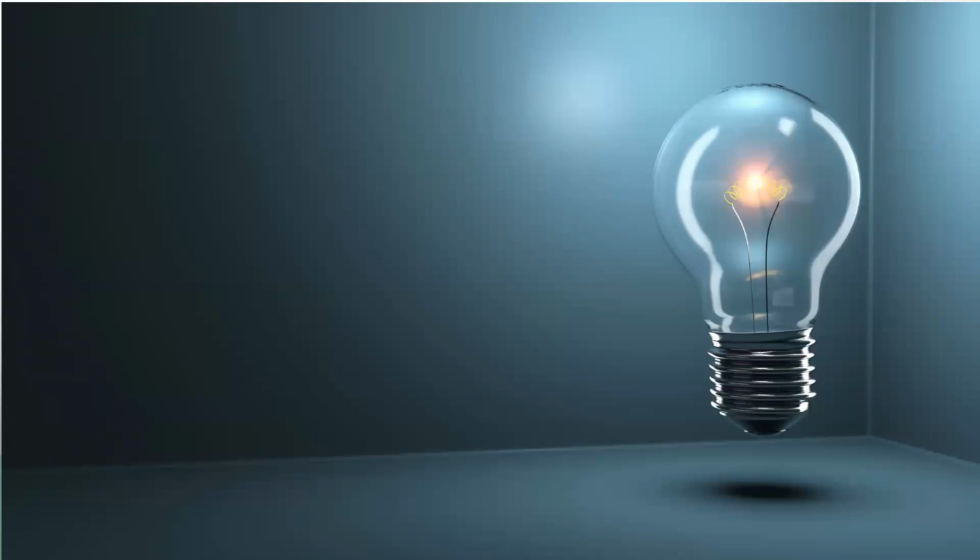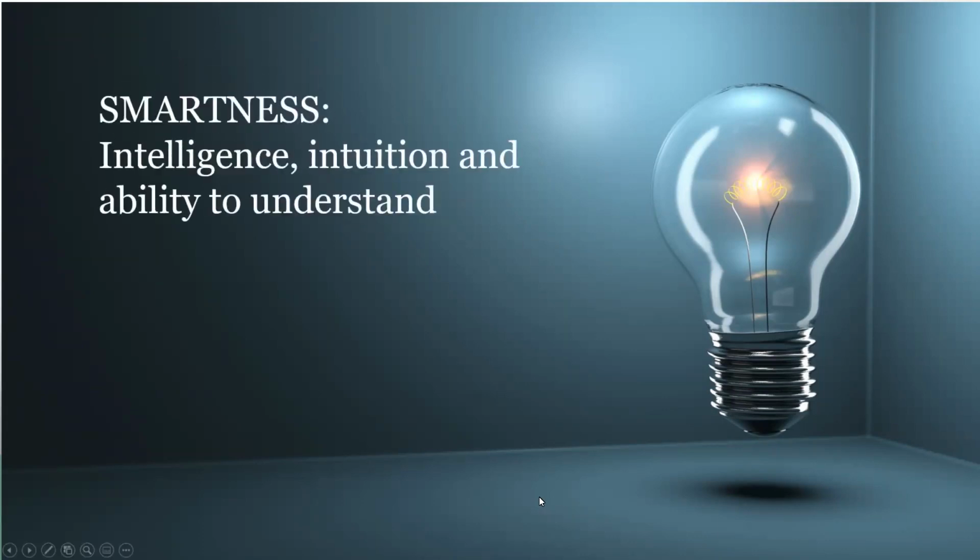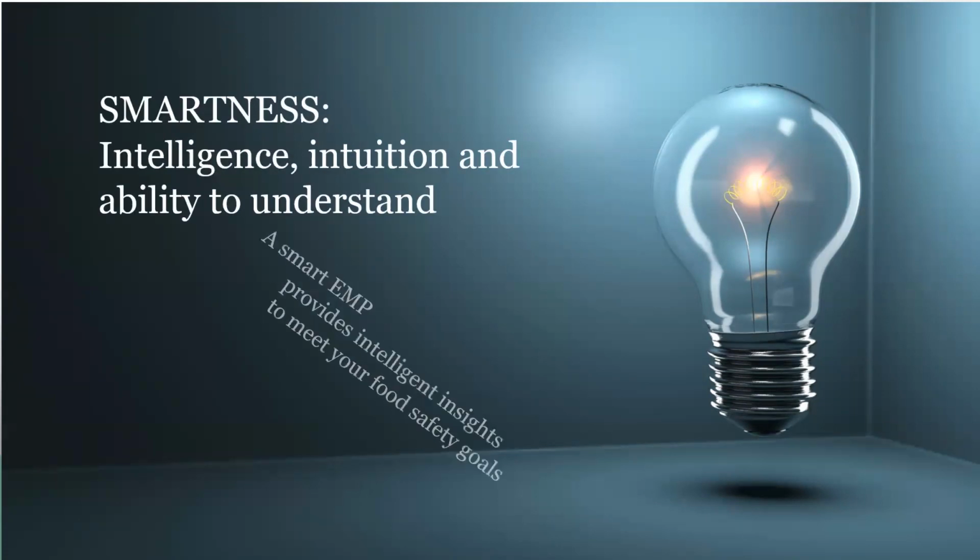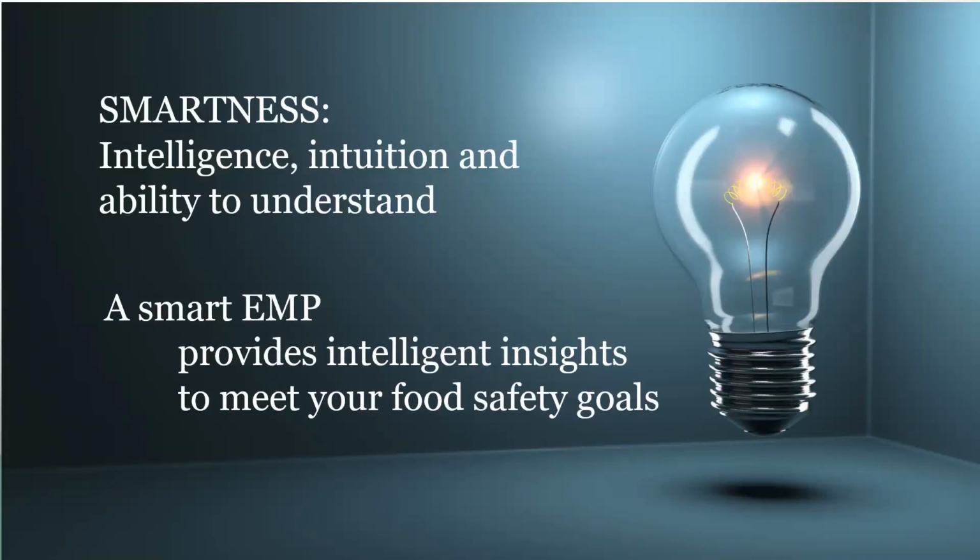Thank you, Morgan. First, we need to define what smartness is. The word itself means intelligence, intuition, and ability to understand. In my opinion, a smart EMP provides intelligent insight to meet your food safety goals.